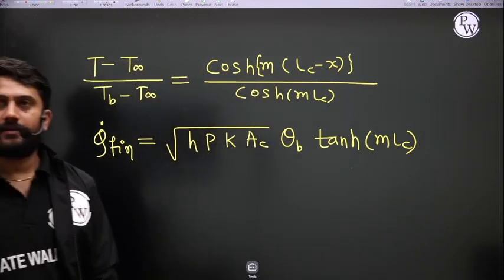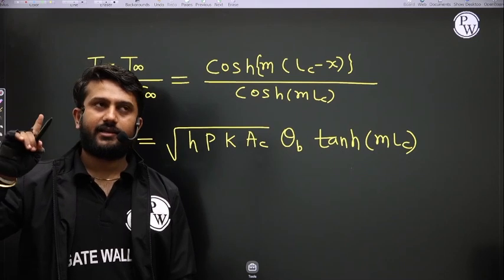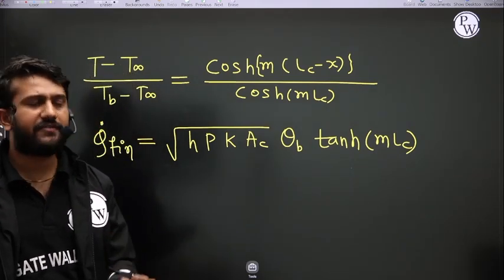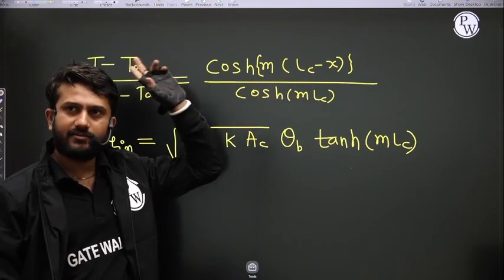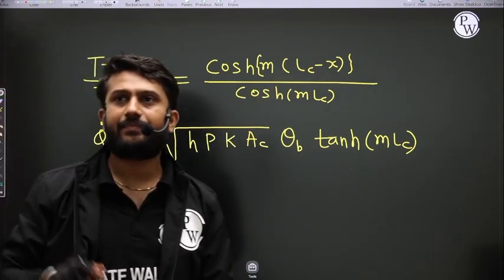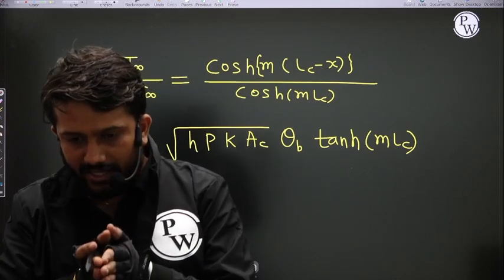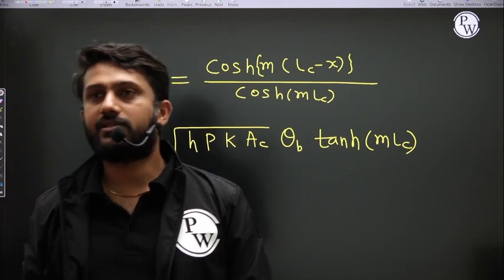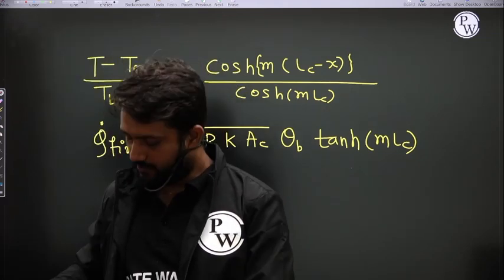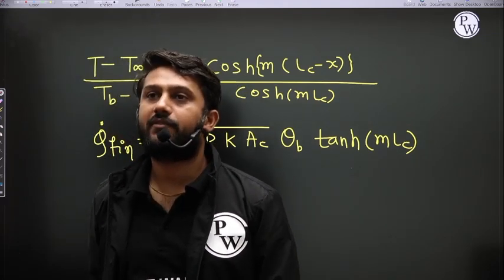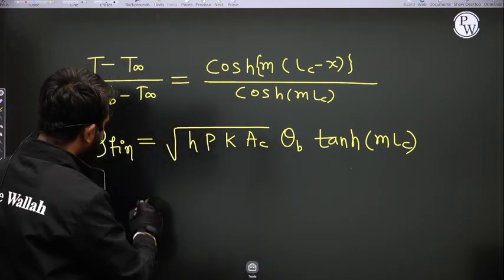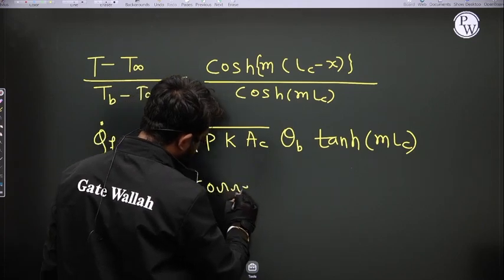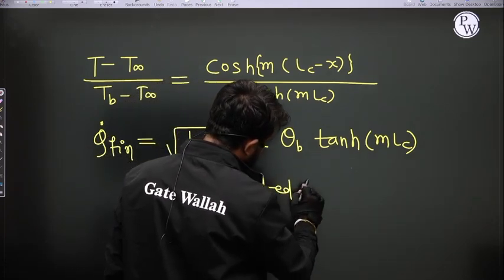So remember case number 2, insulated tip: you are getting the same mathematical expression. The only difference is that instead of L_C, there you are using L. L is the actual length of the fin, and L_C is the corrected length of the fin.